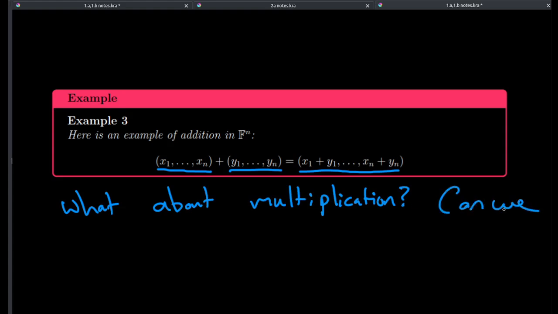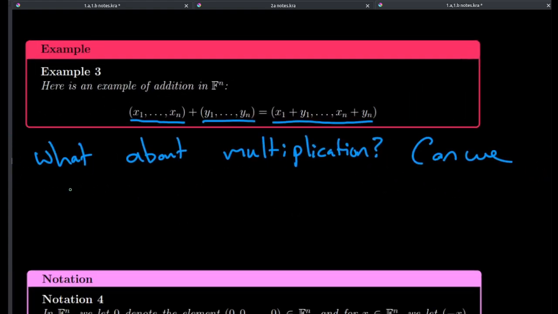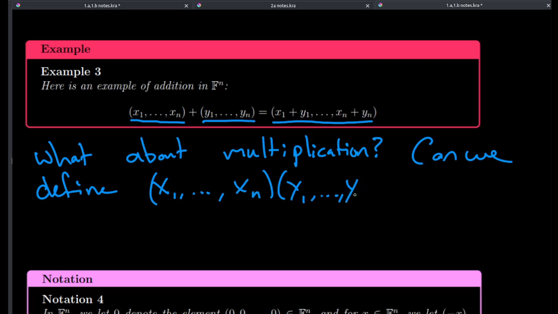Can we define x1 through xn, that list, times the list y1 through yn to just be x1y1 through xnyn?